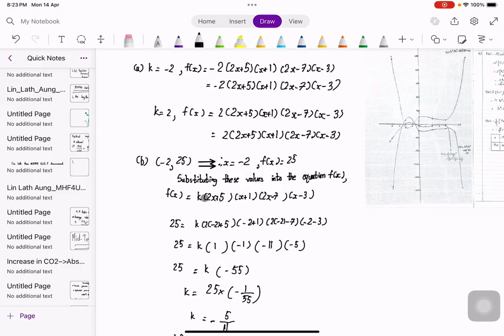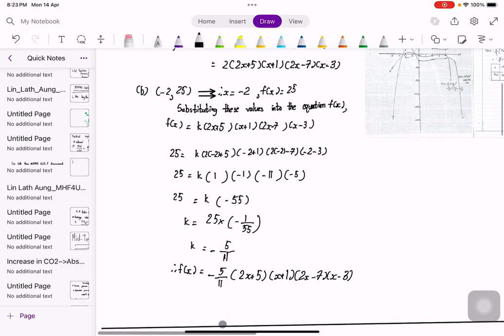So by substituting this value, we get the constant k. So k is minus 5 by 11. So f of x would be minus 5 by 11 times these four factors.